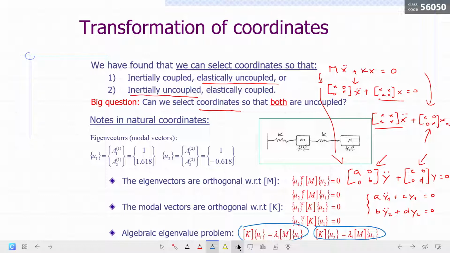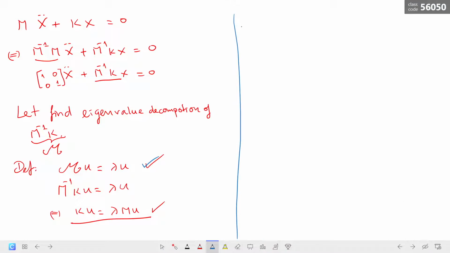Well, because M matrix and K matrix are symmetric. Actually M is diagonal, and K is symmetric.